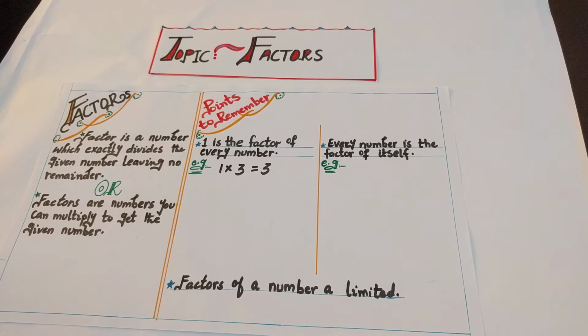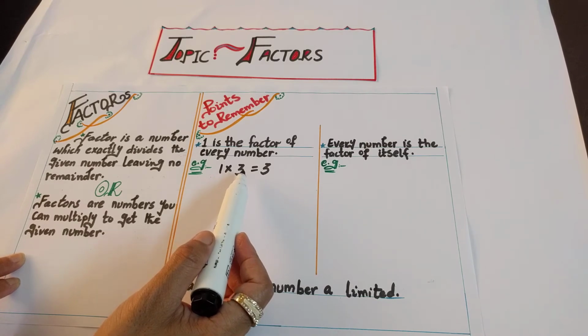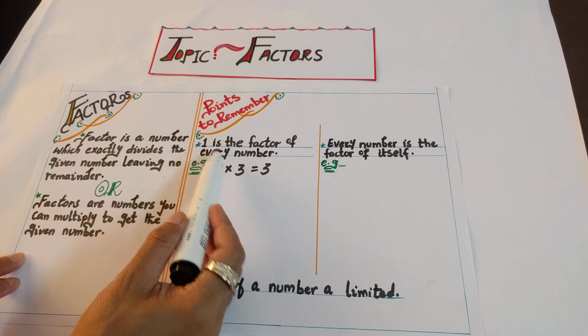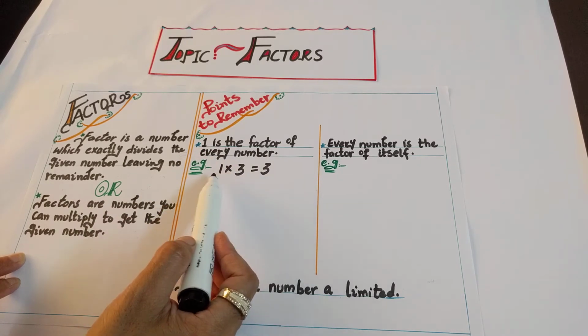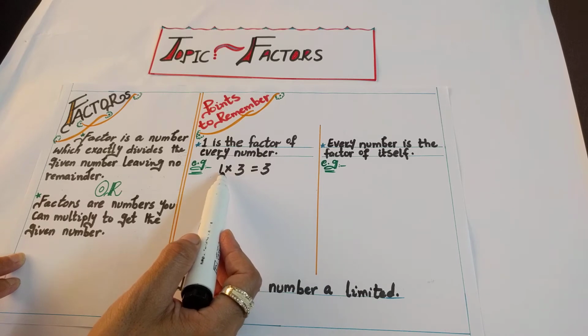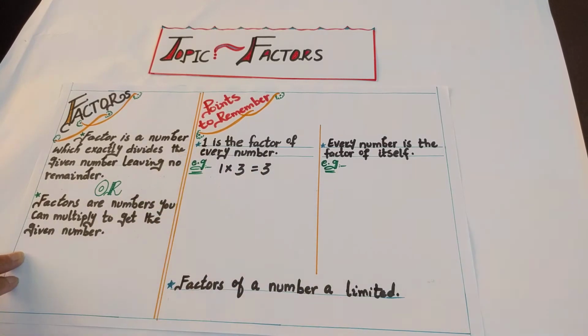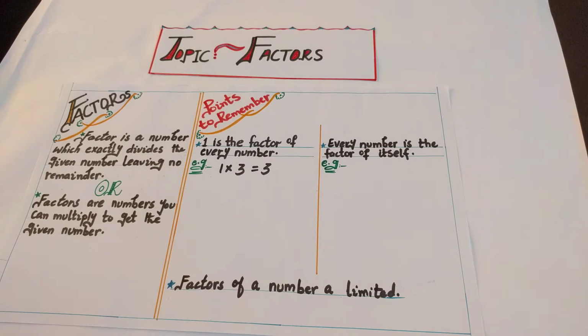Clear? When we multiply 1 by any number and we get the number itself, it means 1 is a factor of that number. If the product of any number by 1 is the number itself, then 1 is a factor of that number, and 1 is a factor of every number.